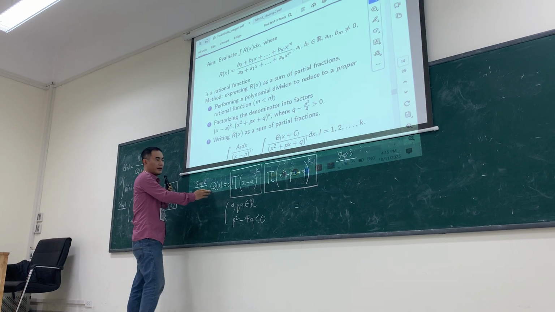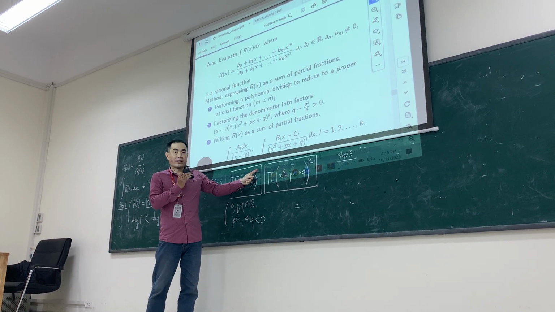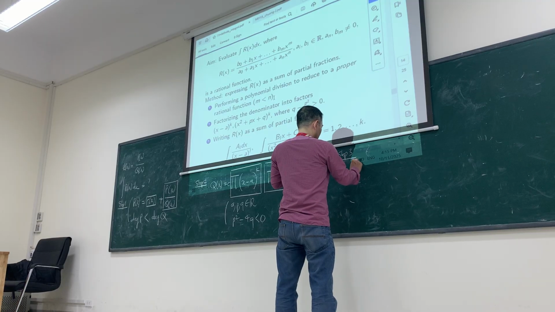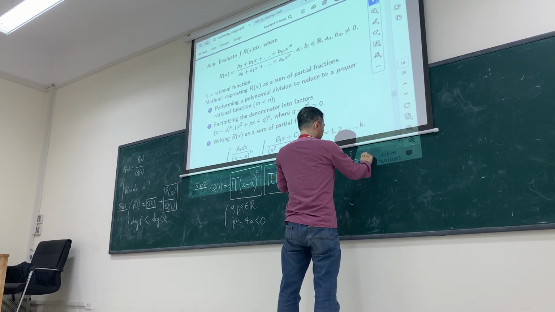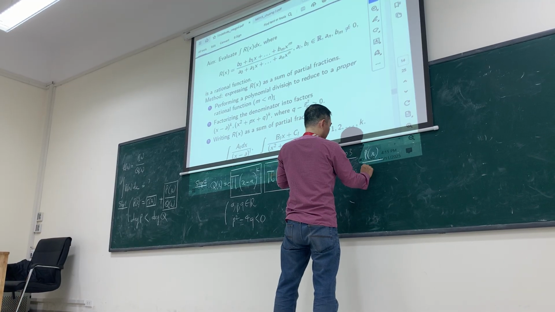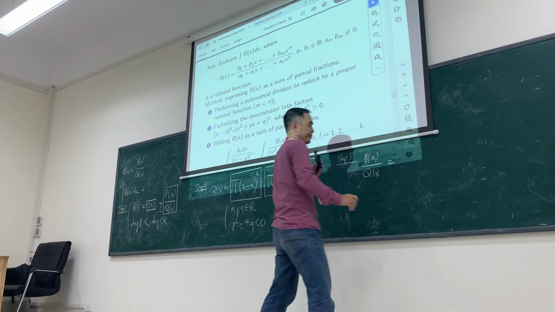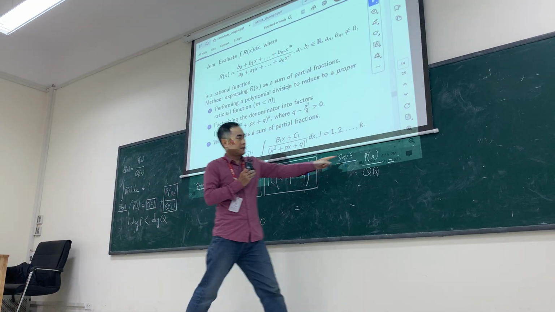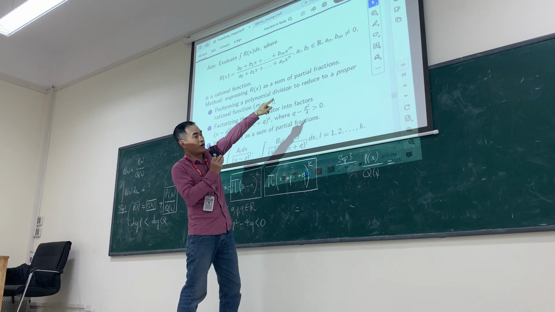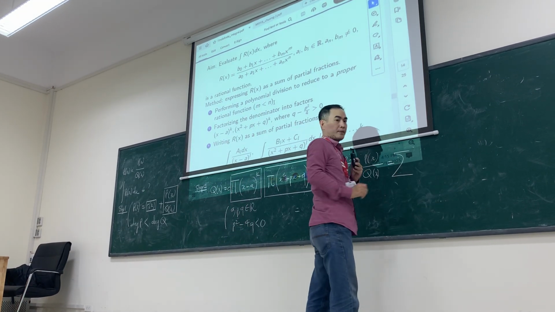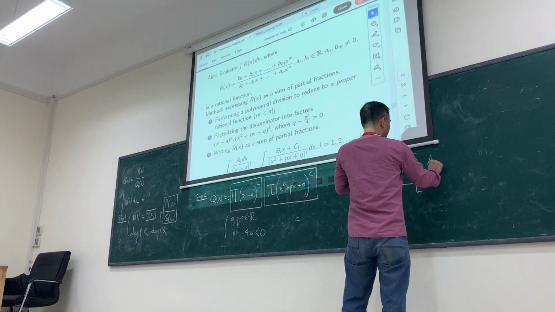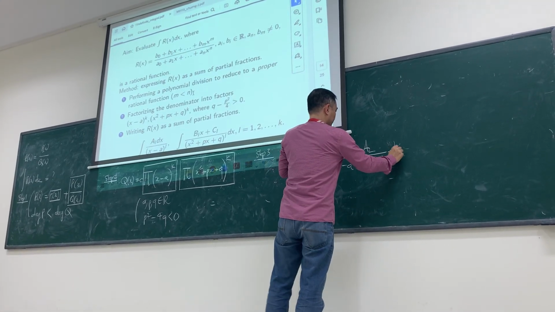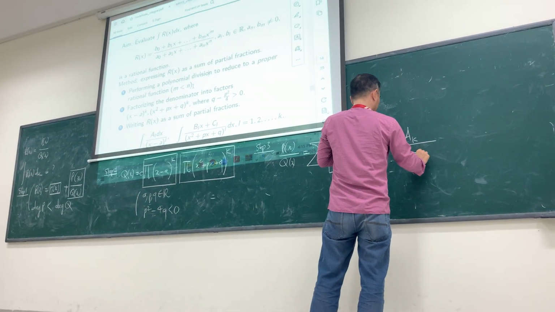If Q has a factor of the form (x minus a) to the power k, then the proper rational function P(x) over Q(x) equals the sum A1 over (x minus a) plus A2 over (x minus a) squared, and so on, up to Ak over (x minus a) to the power k.